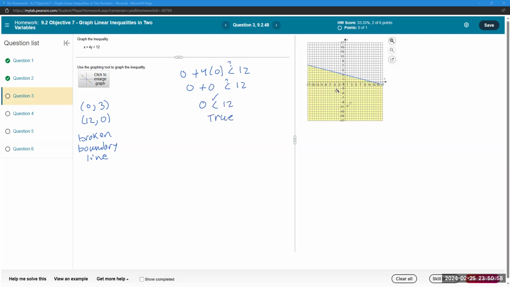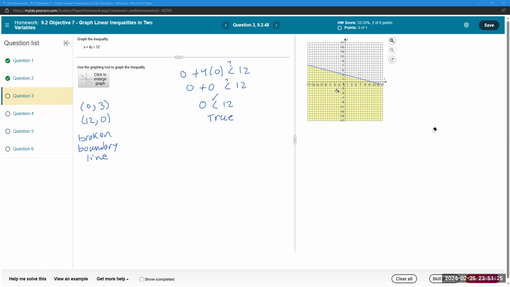So I shade on the side that's true over here. I don't shade on the side that's false. If I had gotten a false statement here when I plugged in 0, 0, then the other side of the boundary line would have been true, and I would have shaded on the other side. So I shade on whichever side is true.